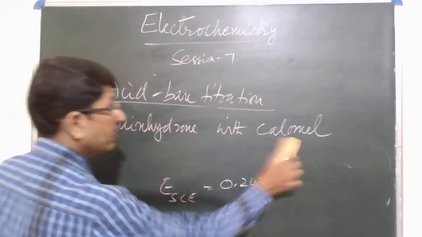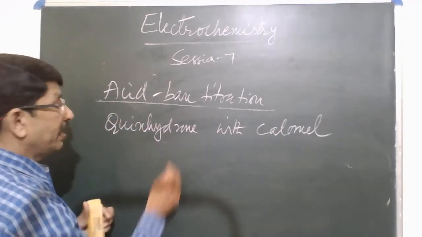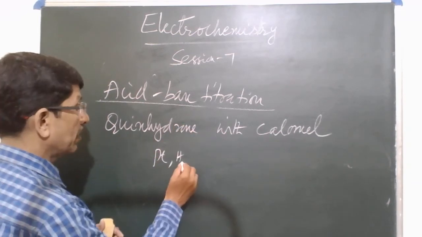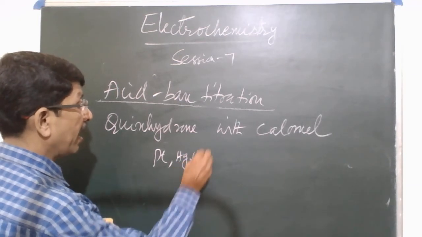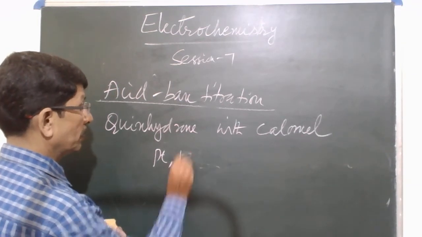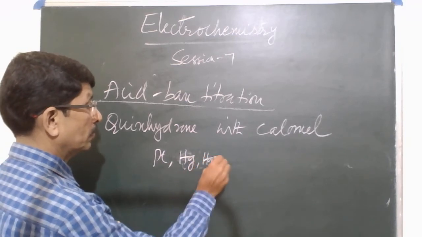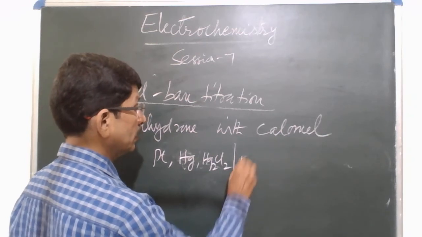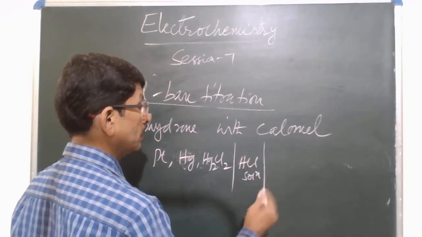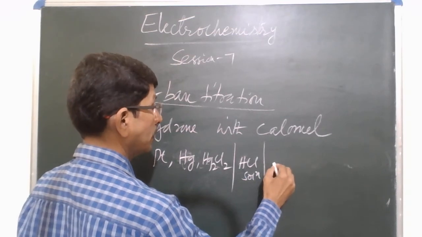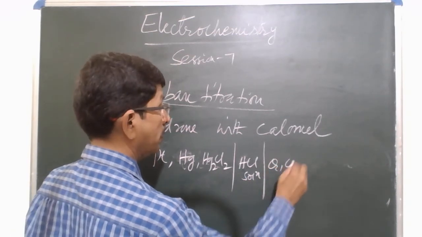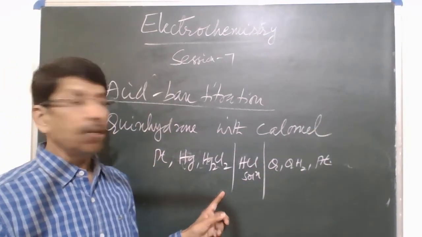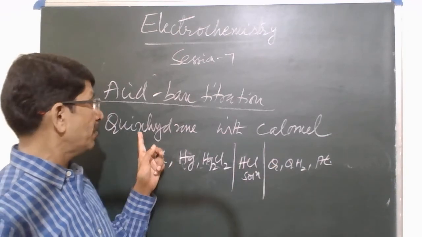So the cell made up of the quinhydrone electrode and calomel electrode can be represented as follows. This is the representation of the cell involving the calomel electrode and quinhydrone electrode.